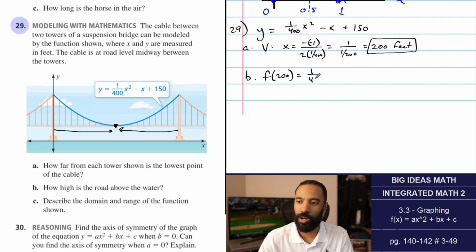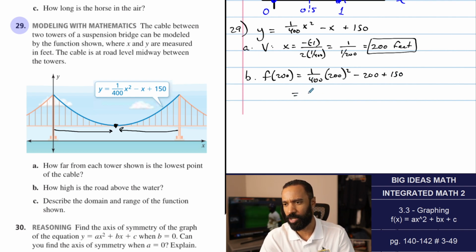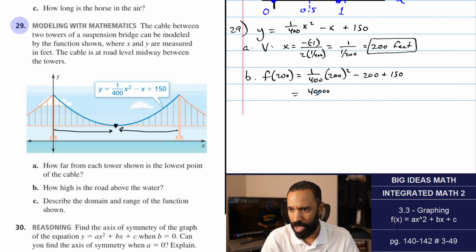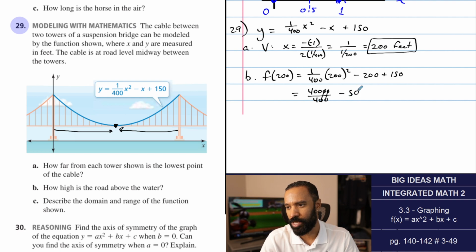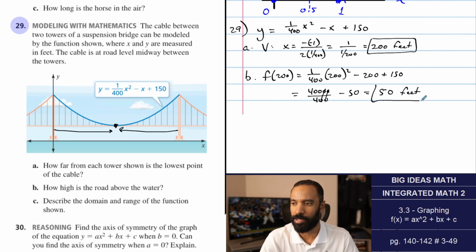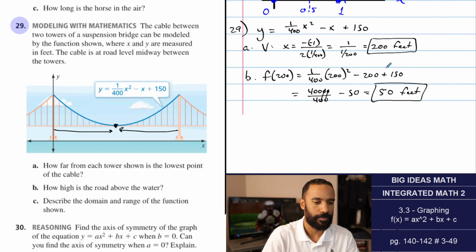That's 1 over 400 times 200 squared minus 200 plus 150. Now I know 200 squared, but I'll make sure I can divide this part. That's 40,000 divided by 400. So take those out. So 100 minus 200 is minus 100. So minus 100 plus 150 is 50 feet. 50 feet is the road level.